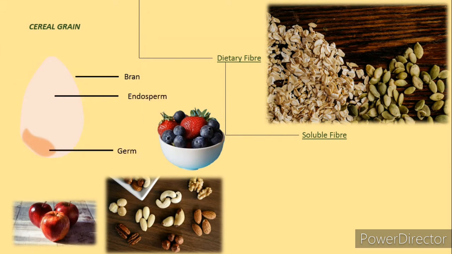And removing these portions is the same as removing the actual fiber content of the grain, thereby losing the benefits that come with the fiber component of the grain. Additionally, the refining process also strips away some vitamins and minerals and thus makes the grain less nutrient dense overall.